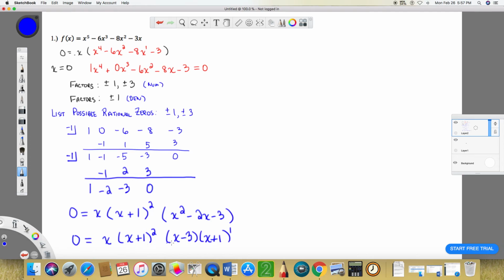And we can combine our x plus 1 factors. We have a total of 3 of those. And then we have an x minus 3 also. So we've got 1 plus 3 is 4, plus 1 is 5. The original polynomial function was of degree 5. So we know we've factored it as far as we can go.